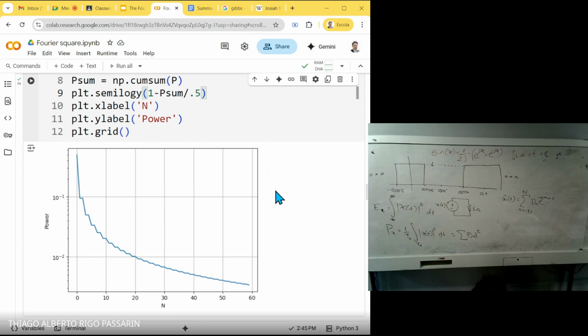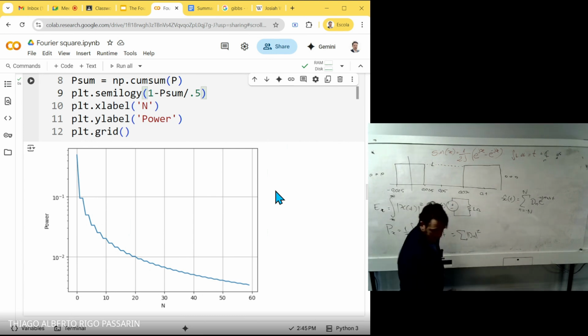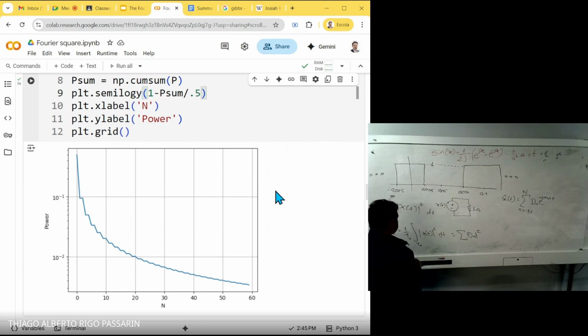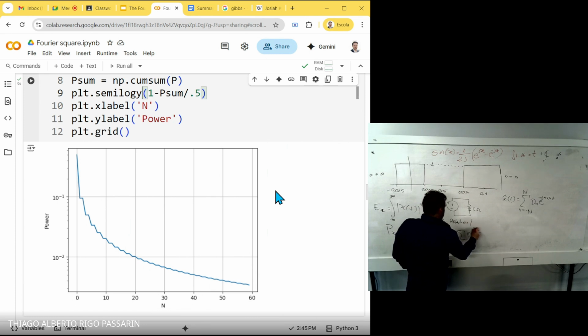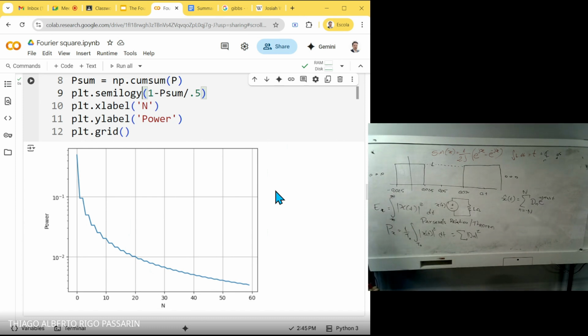So this is called Parseval's relation, or Parseval's theorem, which is a generalization of the Pythagorean theorem.